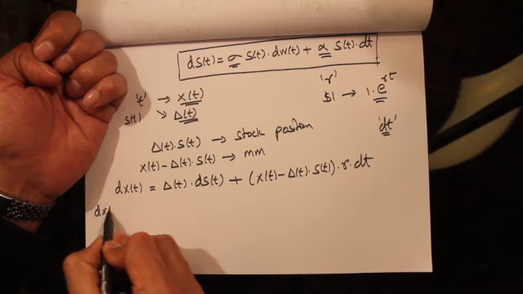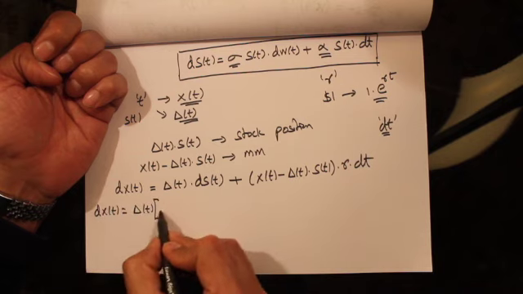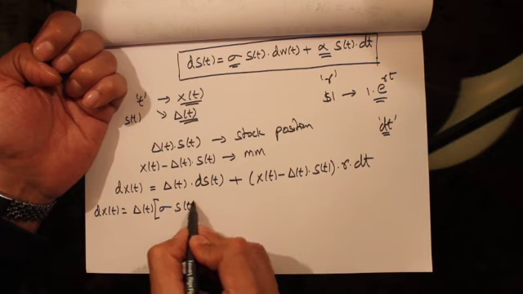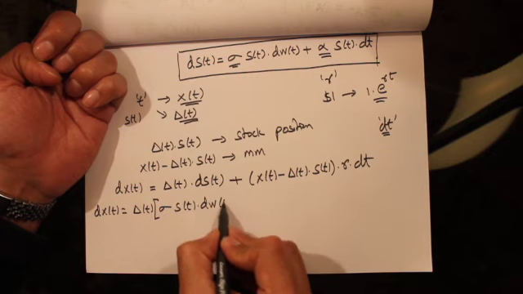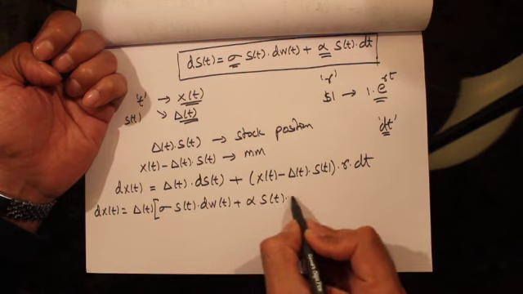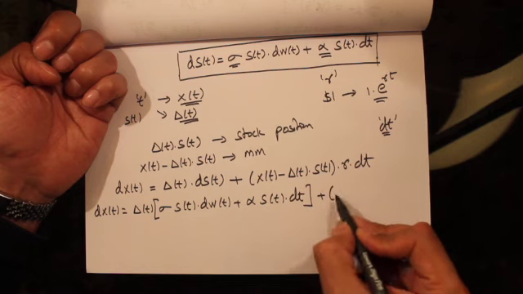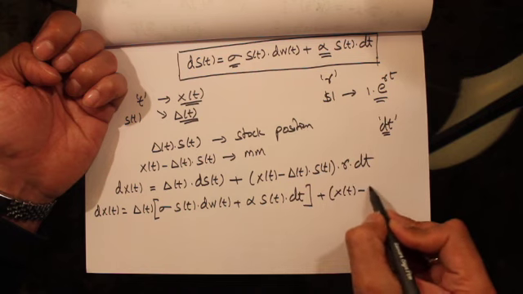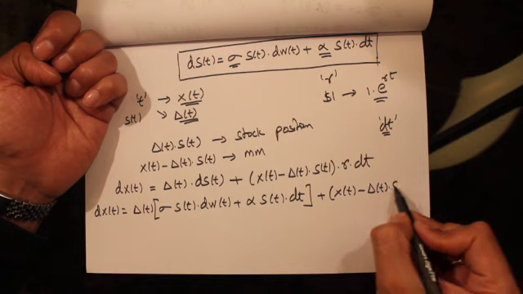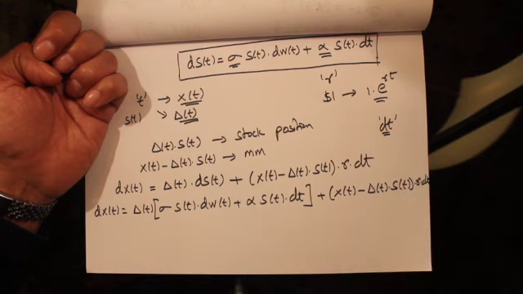So we'll get dX(t) = Δ(t)σS(t)dW(t) + αS(t)dt + (X(t) − Δ(t)S(t))r dt.